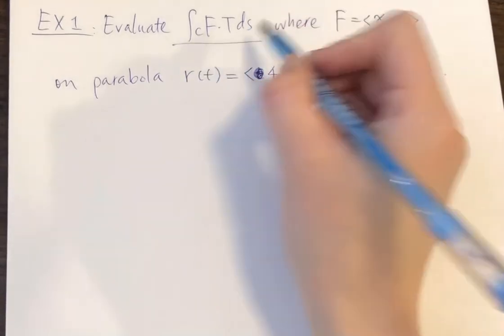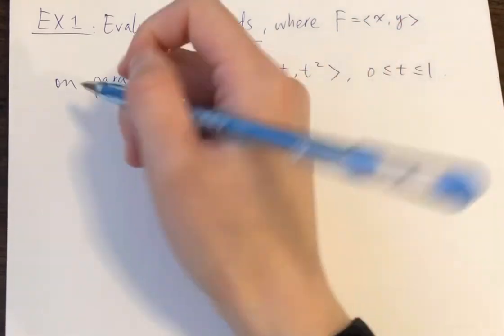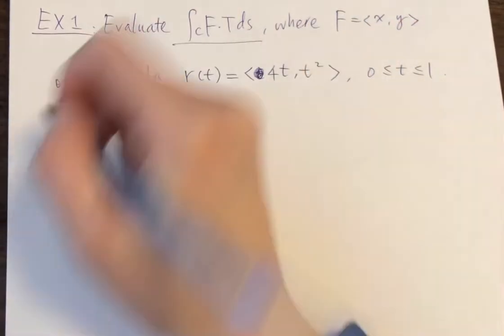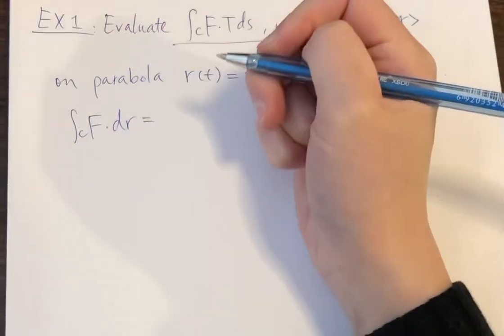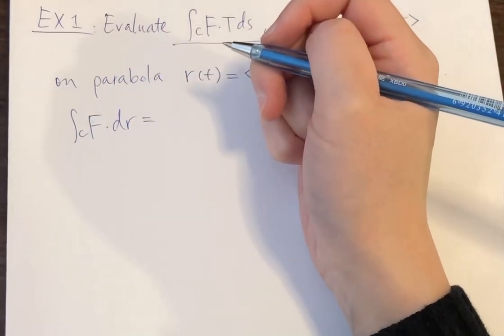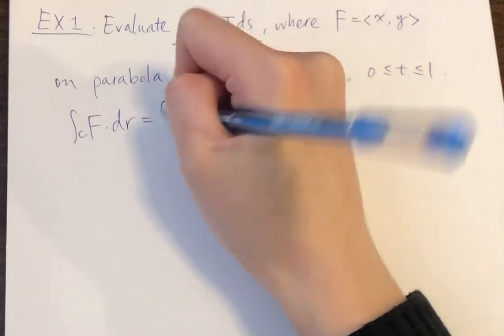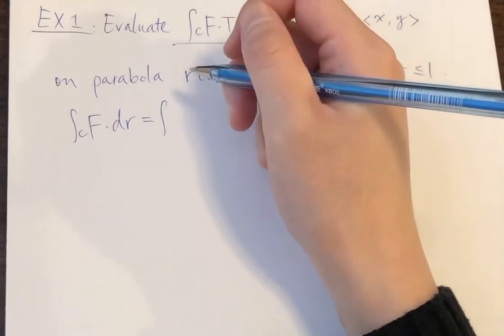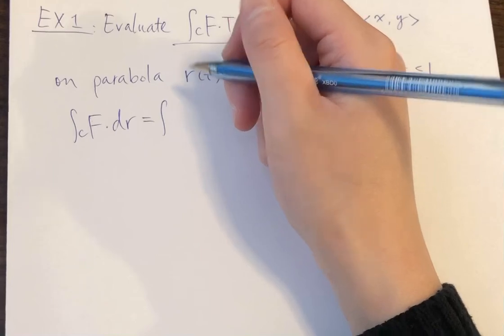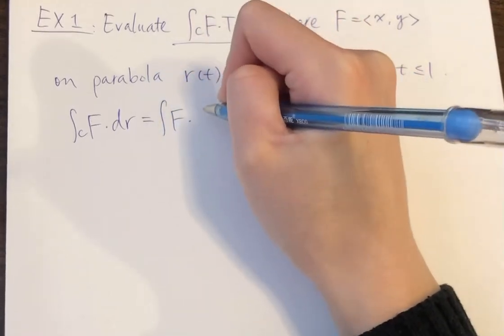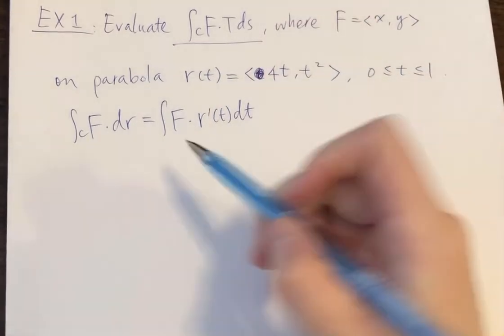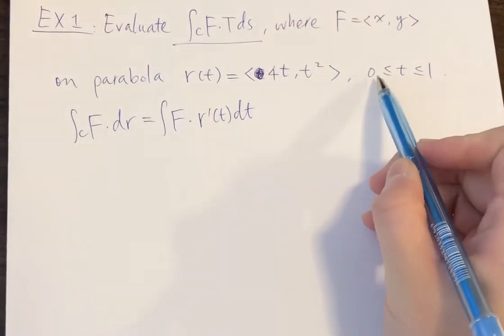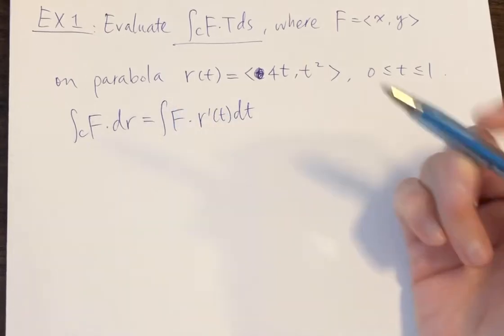Like I said, if you're not comfortable with this notation, what you see in class is F dot dr, and computationally speaking, it's the same as F dot r prime of t dt. And then you have the range for t here.